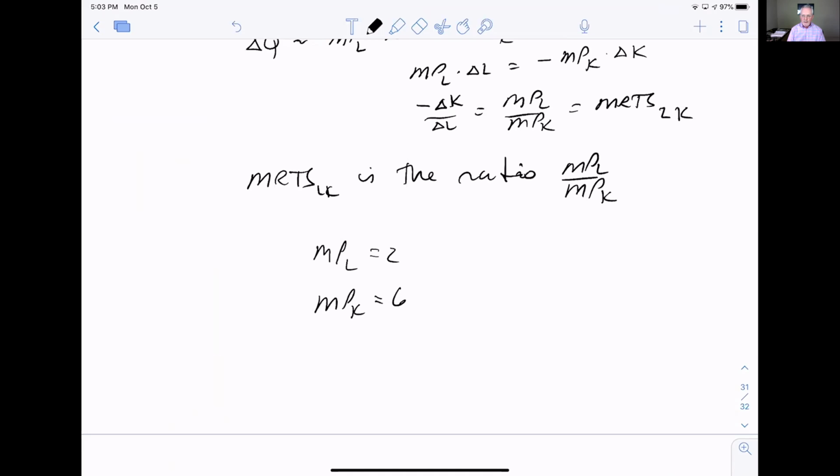So clearly, it would take 3 units of labor to replace that 1 unit of capital.